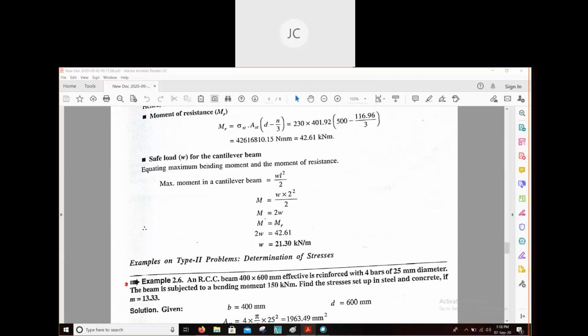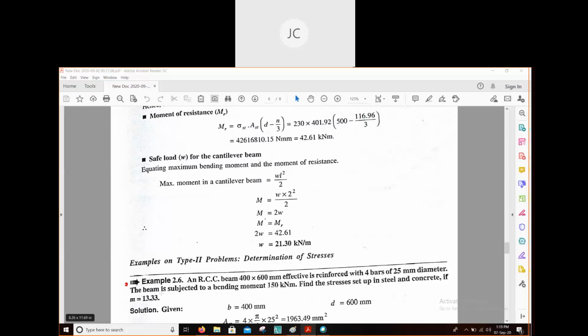An RCC beam 400 into 600 effective, that means the dimension of the beam is given, is reinforced with 4 bars of 25 millimeter diameter. That means the area of steel also we can find out from this information.